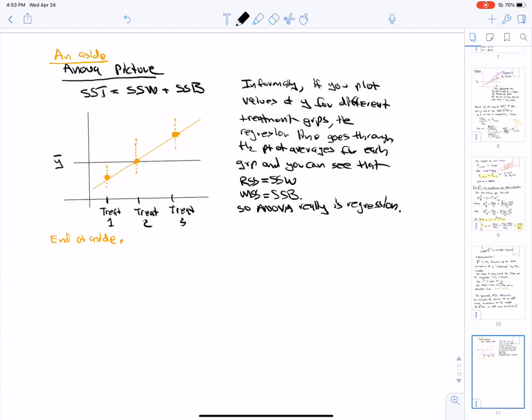I've circled the mean of each treatment group, and the regression line is the best fitting line through our data, and that roughly coincides with the line through the means.